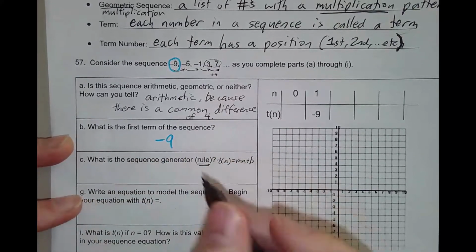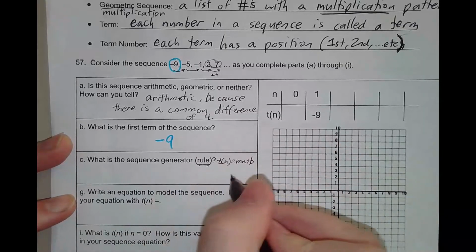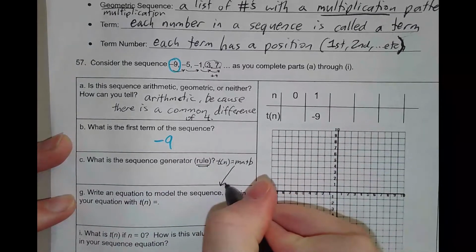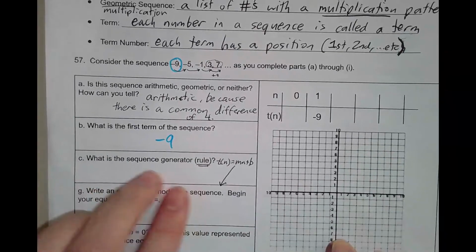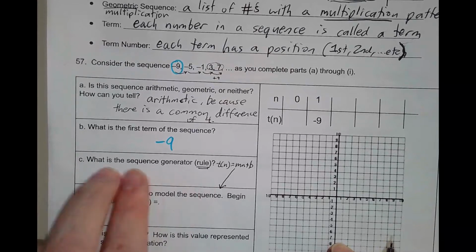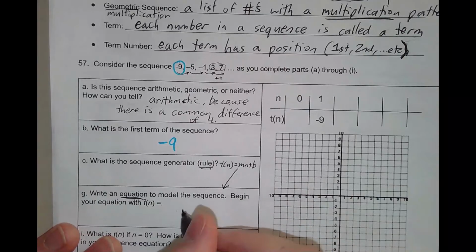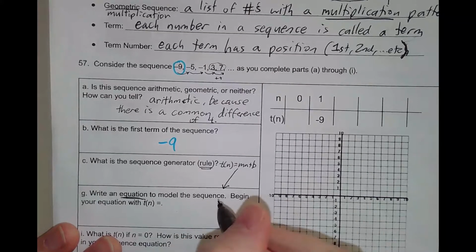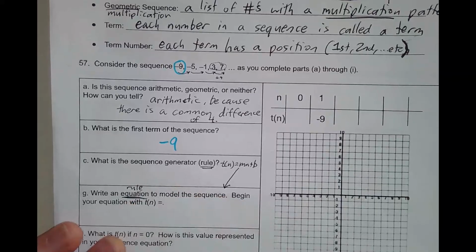Okay, so if you notice, letter C and letter G do ask pretty much the same thing. If you're talking about the rule, you're talking about the equation. So if you wanted to add some words like you add 4 to the previous term, you can write that there. But for letter G, we're going to go ahead and write the equation. Another way to say equation is the rule. Okay.